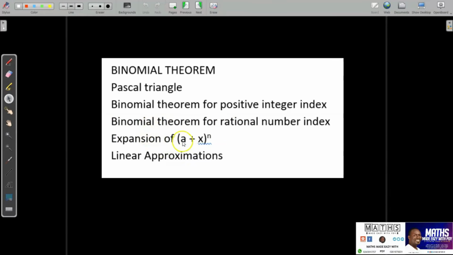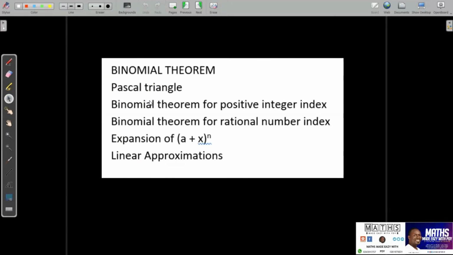And then the expansion of the form (a + x) to the power n, and then we'll use it to work examples like linear approximation. So basically, this is just a collection of what you must know under binomial theorem.